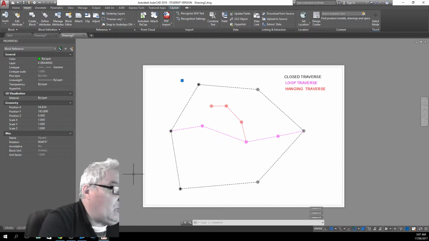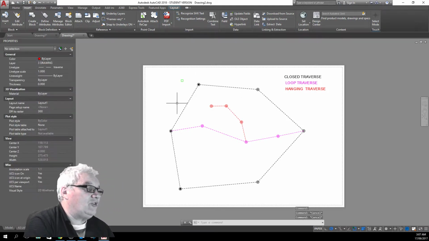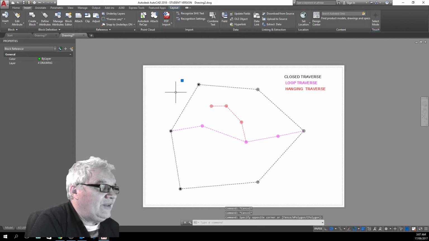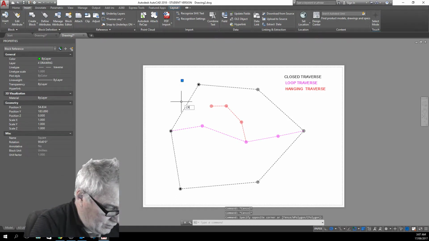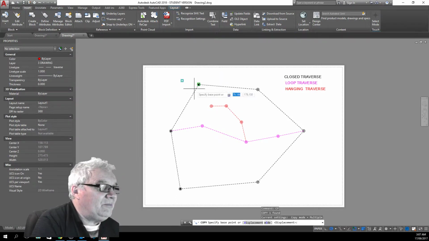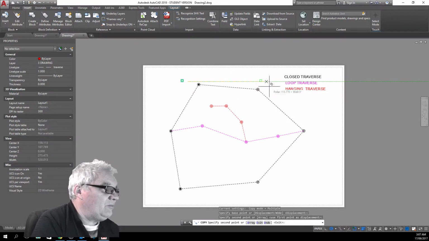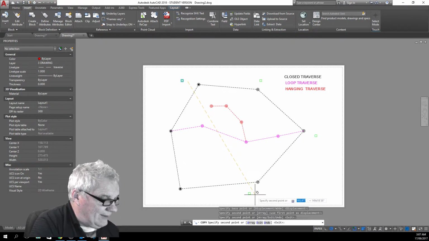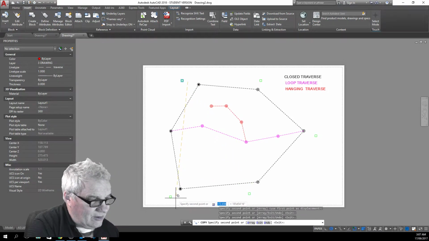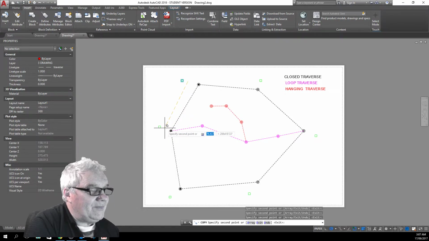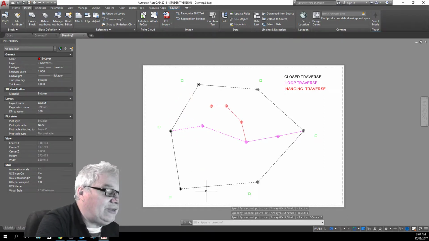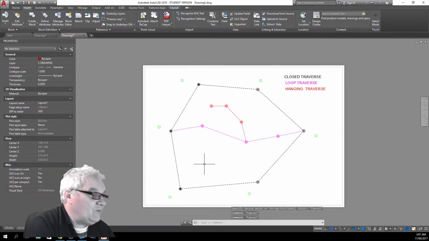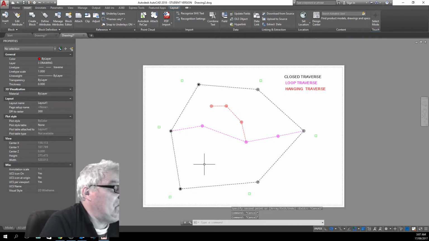Okay, so in this case I'm just going to say that they're fence posts around our site. So CP, and I'm just going to copy, put one at each one, like that. So we might have set up our traverse so that we can measure to these fence posts that form the boundary of our site.